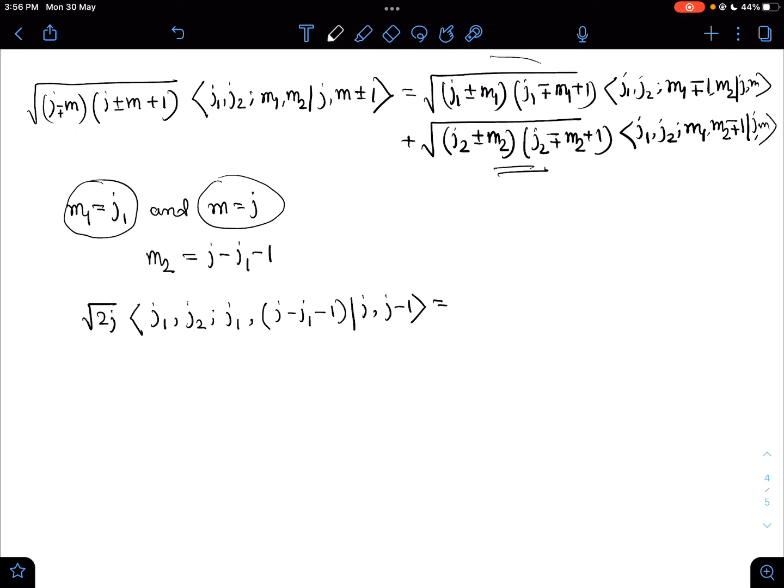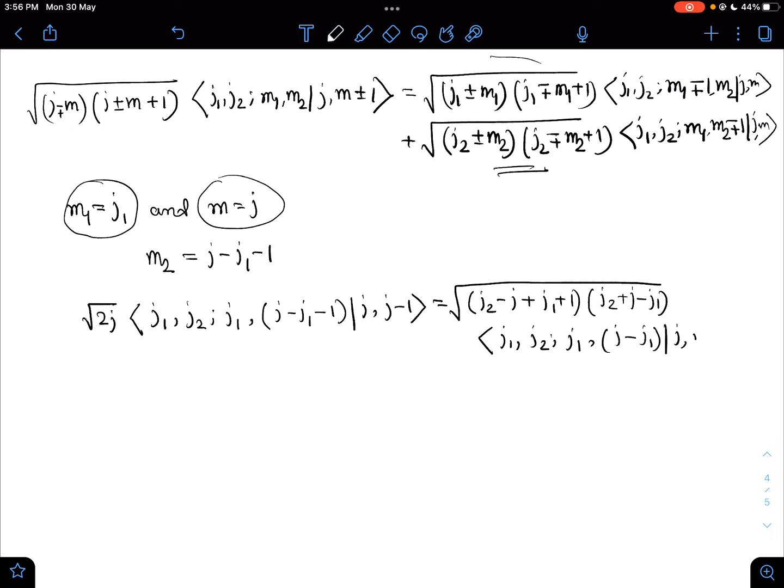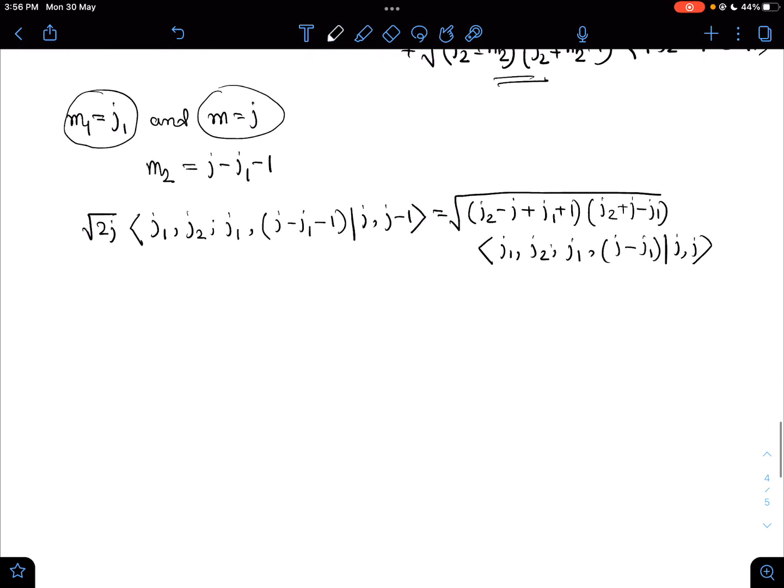It will give us root under (J2 − J + J1 + 1)(J2 + J − J1), with the product of the coefficient ⟨J1, J2, J1, J − J1 − 1 | J, J⟩.